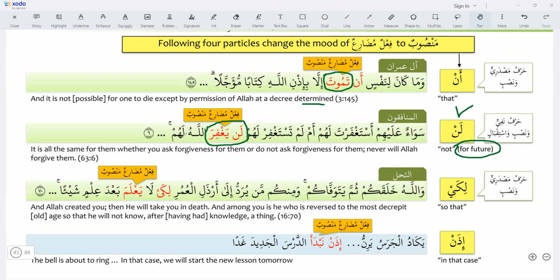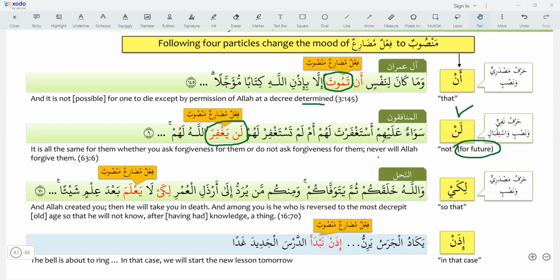Lan yaghfirallahu lahum. It is all the same for them, whether you ask forgiveness for them or don't ask forgiveness for them. Lan yaghfirallahu means Allah will never forgive them.